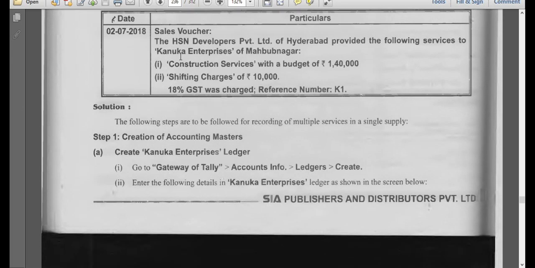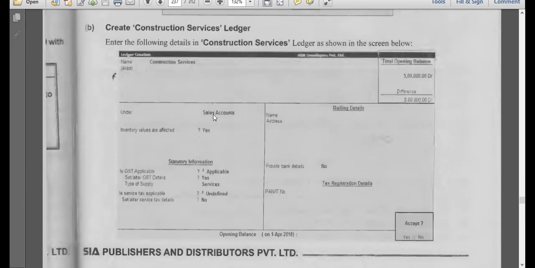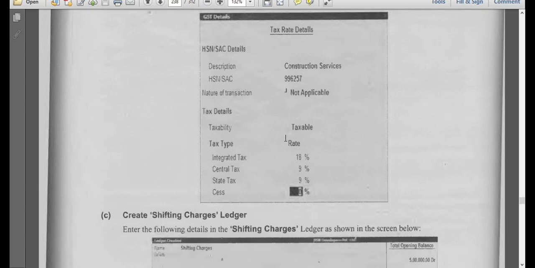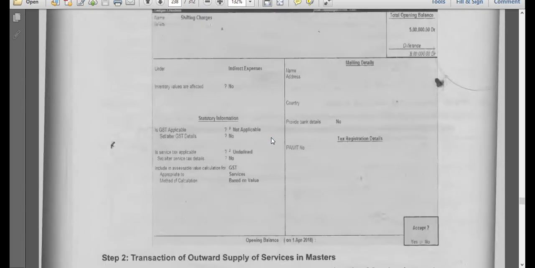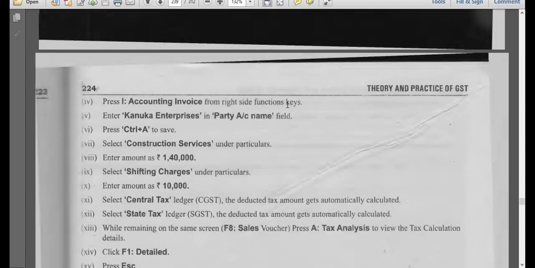First we have to create Kanuka Enterprises as sundry debtors, and we have to create shifting charges under indirect expenses, and construction services under the sales ledger, and you have to create the GST number and specify all the things. Shifting charges under indirect expenses. Here GST is not applicable as a service tax, it is applicable now. It is included in GST, that is services based on the value, we have to specify that.